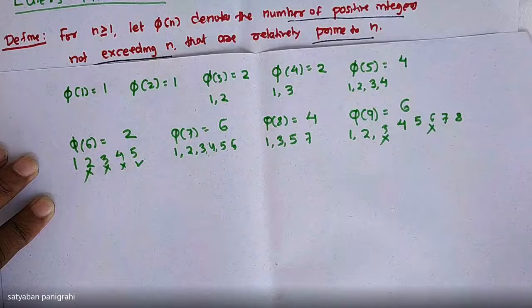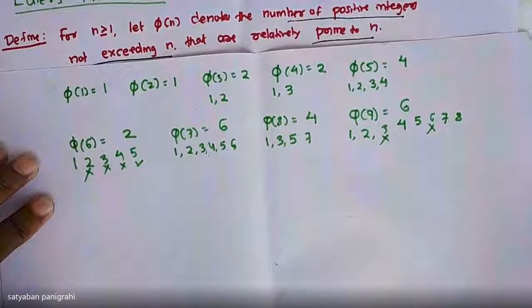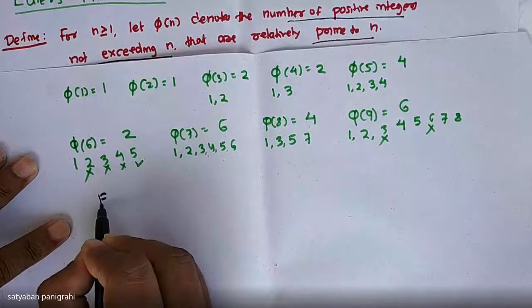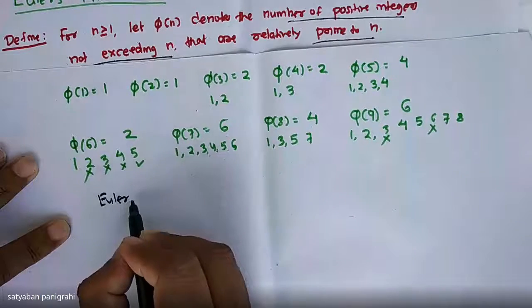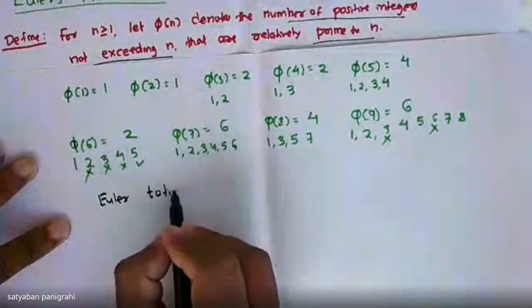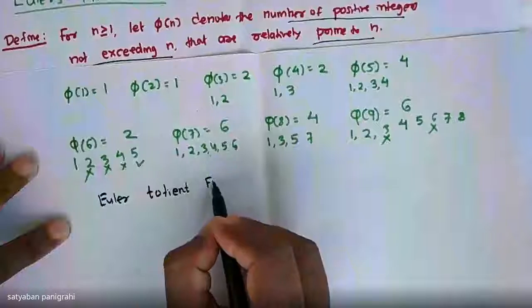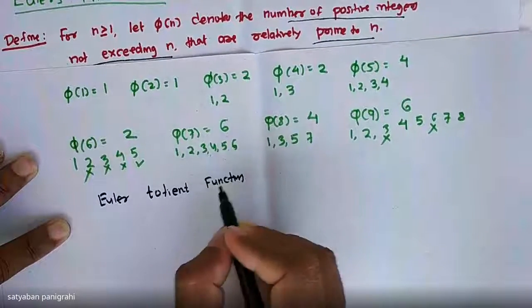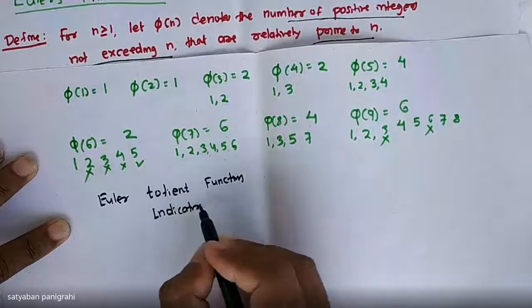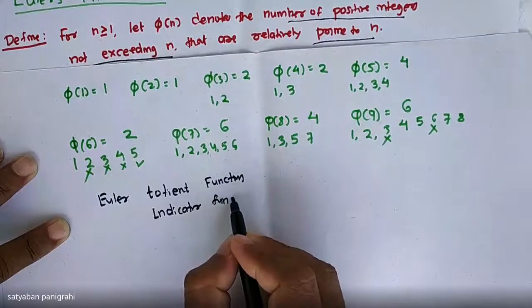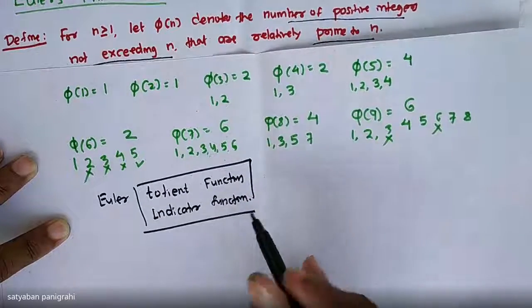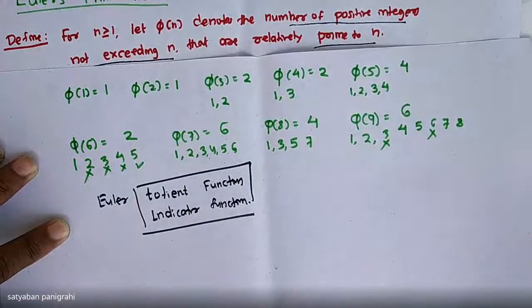Now, in some cases, this function is also called the Euler Totient function, or sometimes the indicator function.